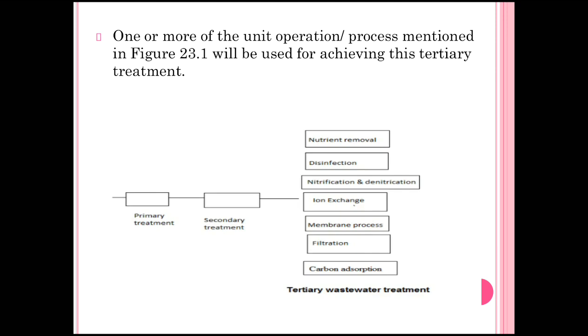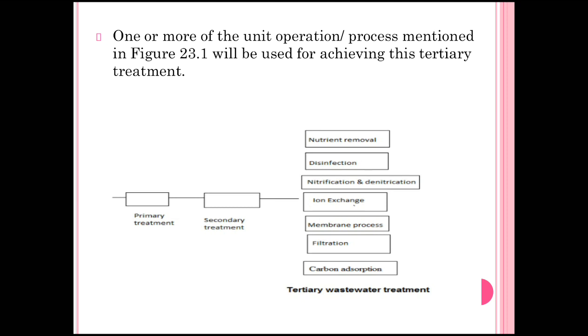One or more of the unit operations or processes mentioned in the diagram will be used for achieving the tertiary treatment. This is a general diagram which shows how tertiary wastewater treatment is done. After primary and secondary treatment, the water is passed on for nutrient removal.